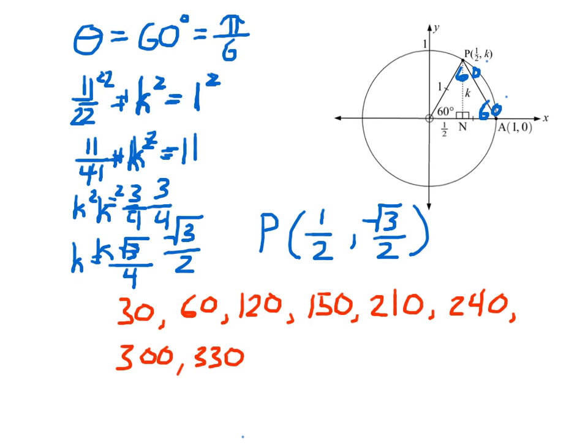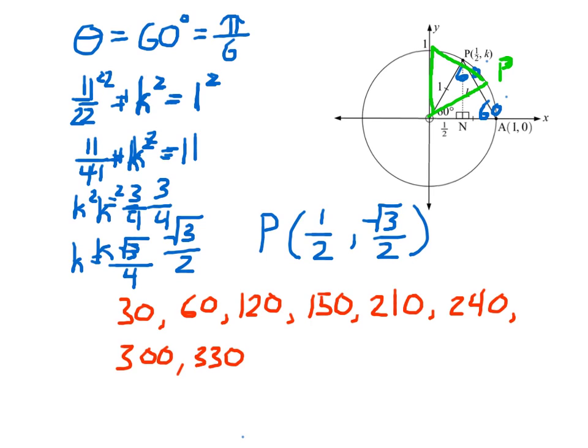Let's look at the angle theta equals 30 on the unit circle diagram. I can draw a line that represents the point at an angle 30, and the distance of that line is 1. We also know the distance of this line right here is 1.